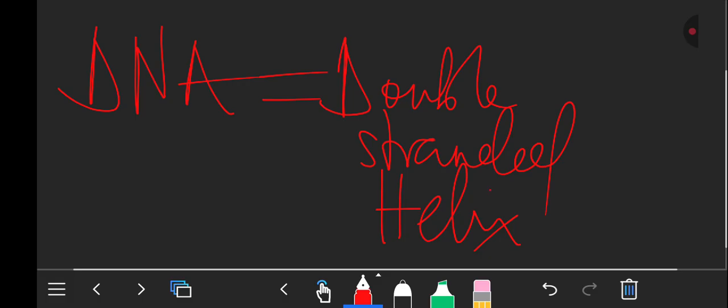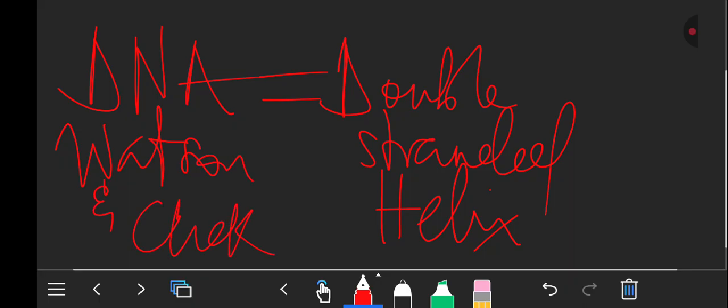And this theory of being double-stranded was proposed by Watson and Crick. So Watson and Crick proposed this theory that DNA is double-stranded. So we need to understand that.